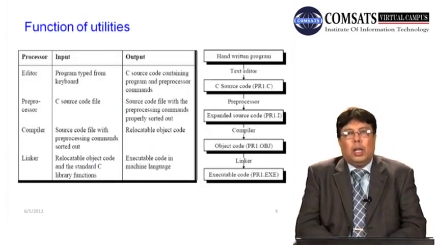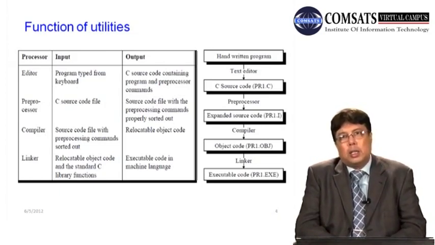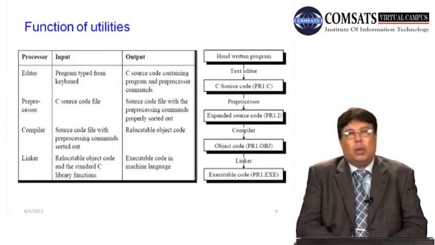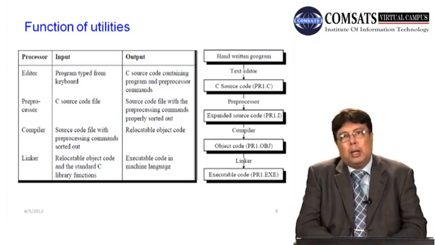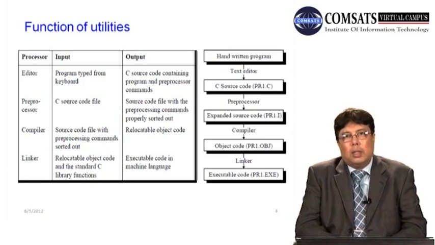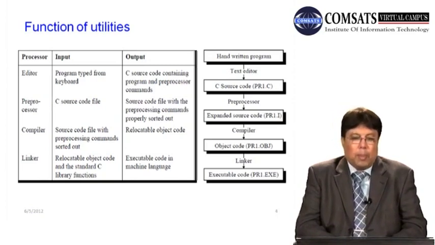Quickly, the environment facilities, rather utilities, and their functions. We know the purpose of the editor. Whatever algorithm we make, we prepare a handwritten algorithm, and we convert it into the source code. And what is source code? Instructions of the C language. Instructions that translate the algorithm into C language is basically the source code.